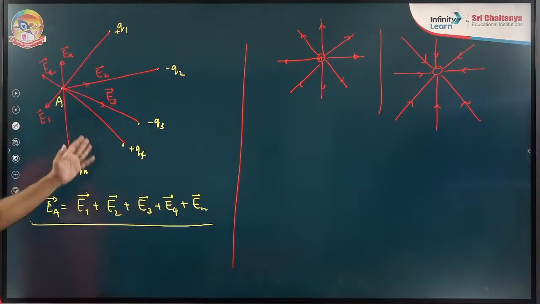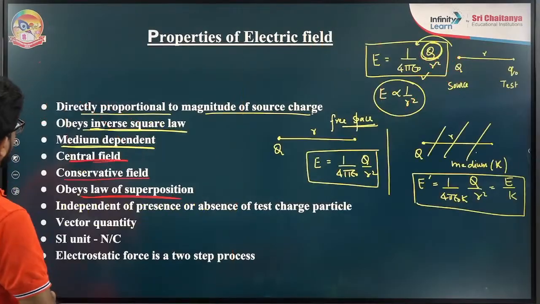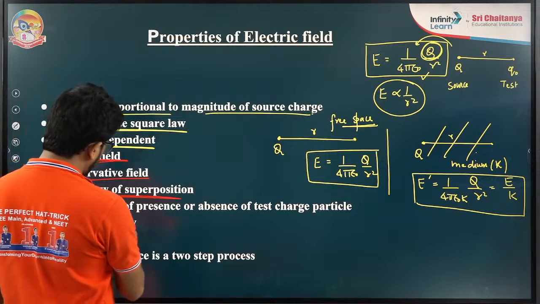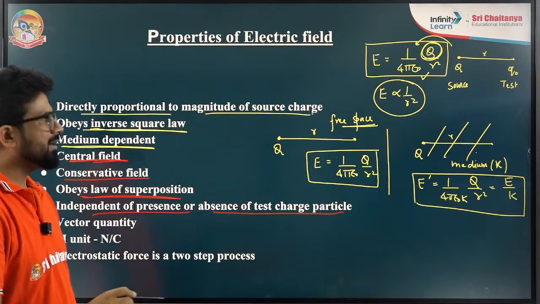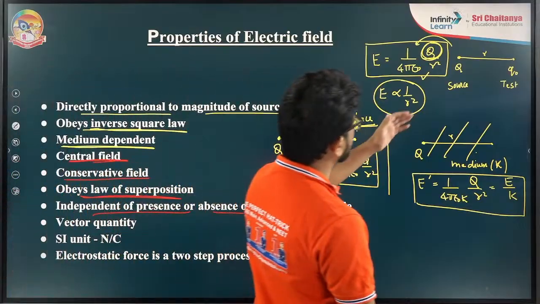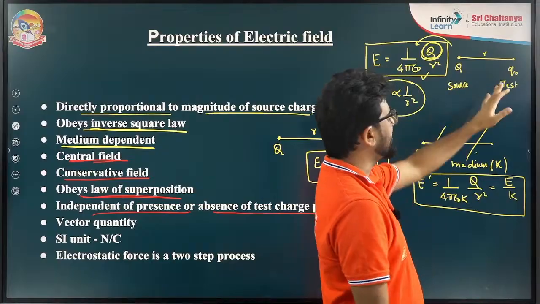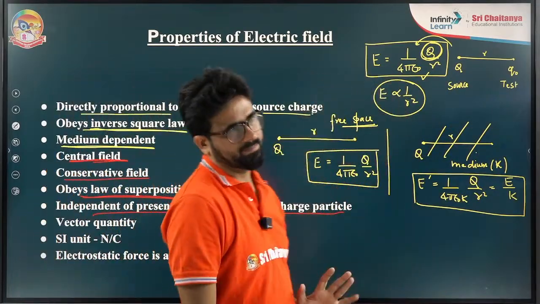Now we have to understand the next property also. What is the property? The field is independent of the presence or absence of a test charge particle. That means I told you the charge Q is the source charge and Q naught is the test charge. So whether the test charge is present or not does not matter. The field will remain the same.